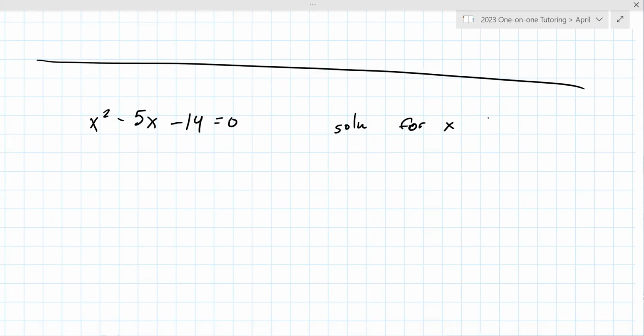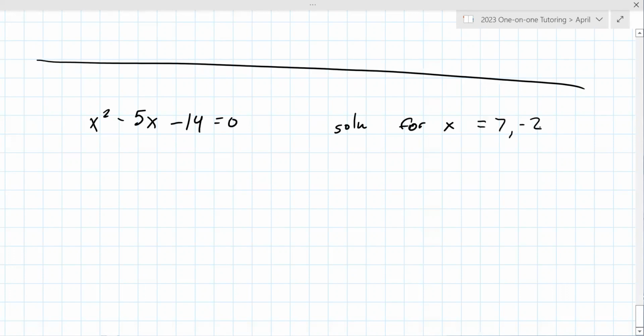Oh, negative 7x and 2x. Okay, keep going, work this out fully. So then x minus 7, x plus 2. Okay, so what are the two x values? 7, negative 2. Okay, so we know the answers are 7 and negative 2.